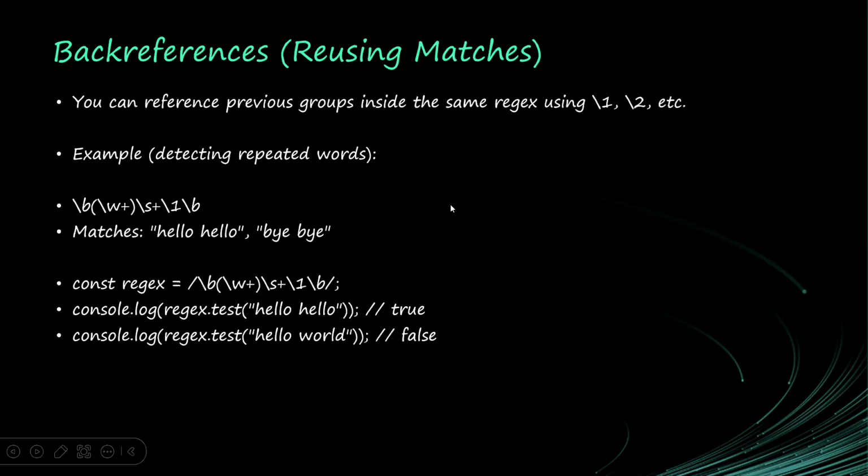Okay. So for back references, let's say you have some repeating words, and you also want to check for them. So look at this now. We have hello, hello. So if I want to match them, let me just go with an example here.